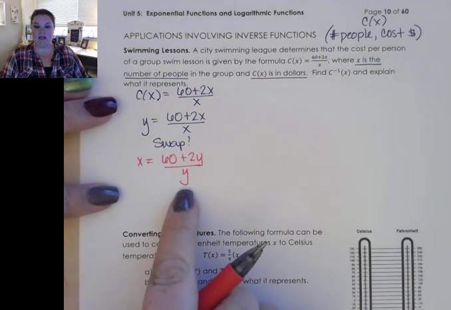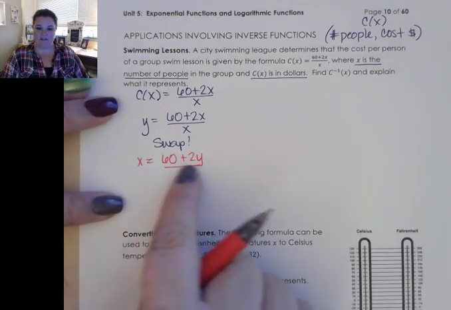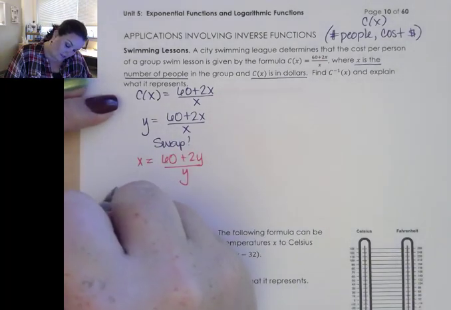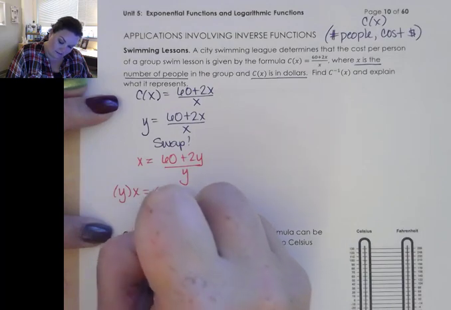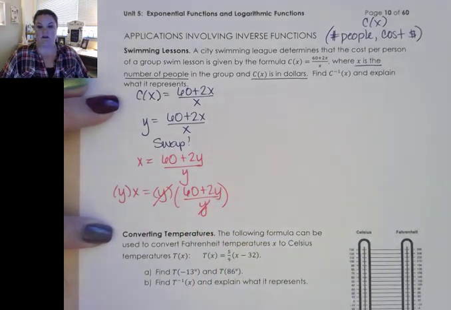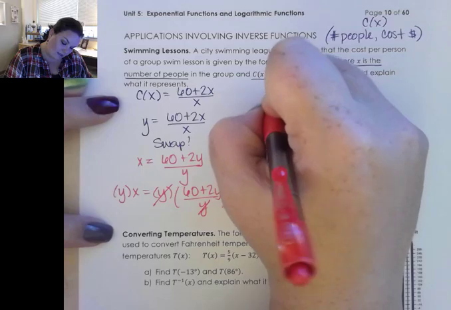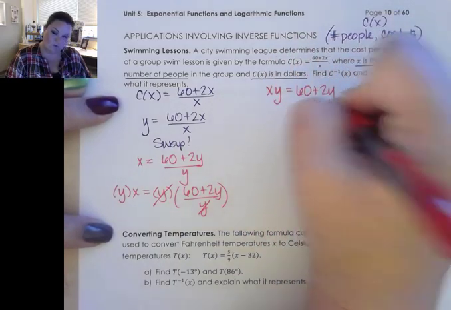Again, I want to clear my fractions, so I need to get rid of this y in the denominator. So I'm going to multiply this side by y, and I'm going to multiply this side by y. When I multiply both sides by y, that y will cancel out on the right-hand side. That leaves me with xy equals 60 plus 2y.